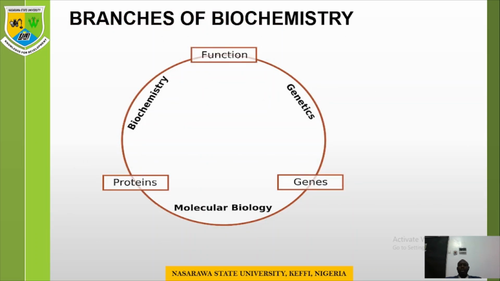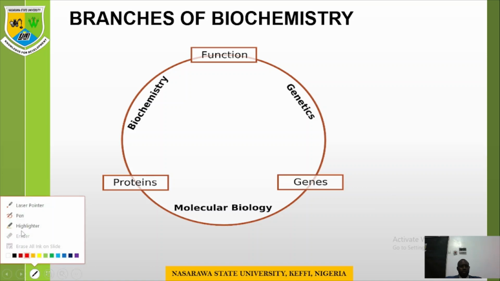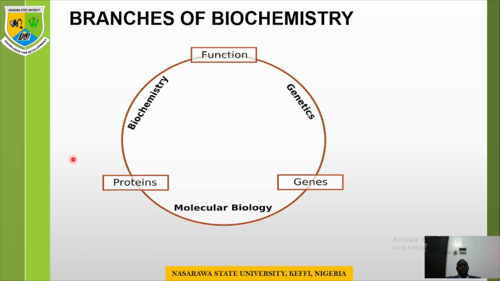The branches of biochemistry. By this biochemistry, you have genetics, you have molecular biology. So when you combine genetics, molecular biology, and biochemistry, you will be able to understand the functions of genes and proteins.